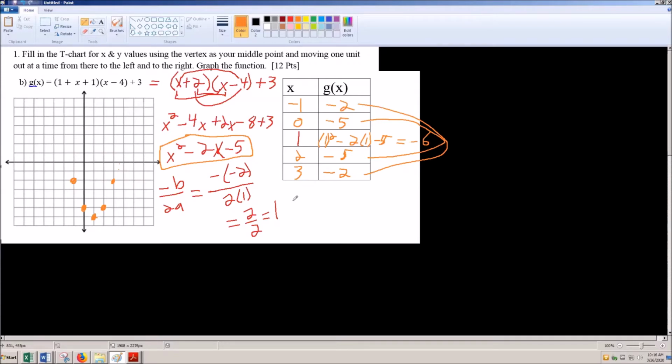So you could do it with the original, you could do it with this cleaned up one, or you could do it with this one here. They're all the same, just looking slightly different. So I chose to plug it in here, but you're more than welcome to plug it in here or here as well. You could even plug it in here if you wanted to. All right. Good question.